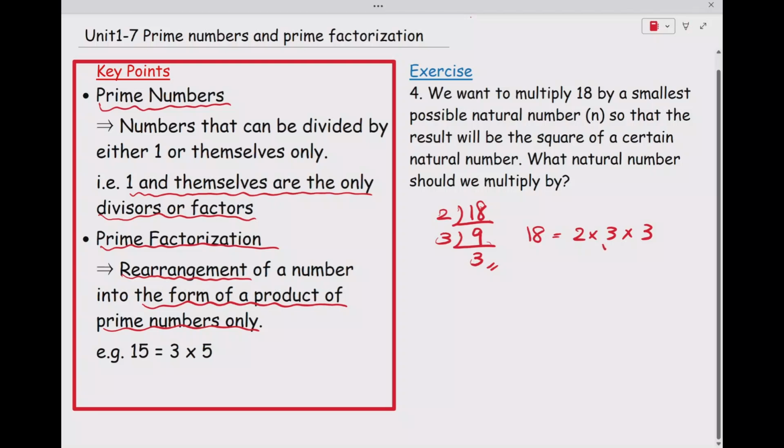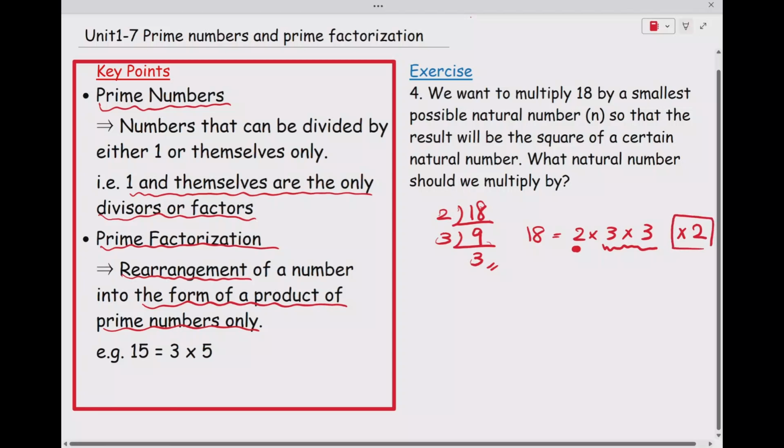We already have a pair of 3, but we don't have a pair for the number 2. In order to create a pair of the same number, if we multiply them by 2, we can complete pairs and get a pair of the same numbers, like bracket 2 times 3 times bracket 2 times 3.